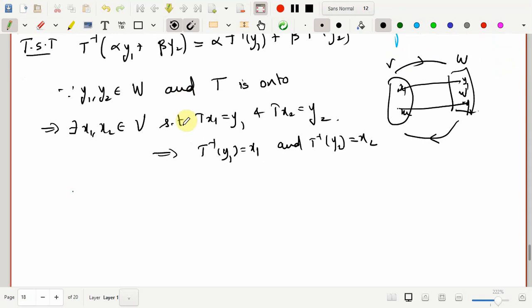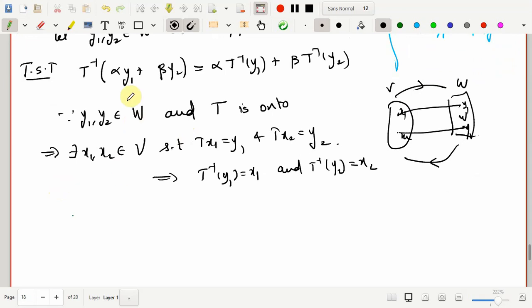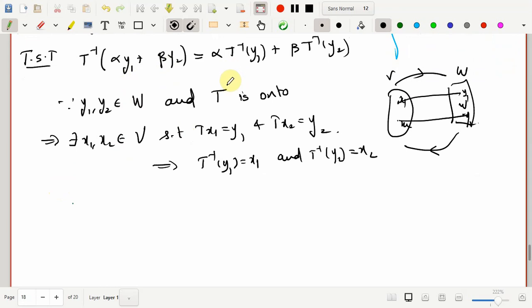So now if I see this T inverse of alpha y1 plus beta y2, or in other words, if I see this alpha T inverse of y1 plus beta T inverse of y2, then that would be same as alpha x1 plus beta x2. So to show that this is true, basically I have to show that T of alpha into T inverse of y1 plus beta into T inverse of y2 is same as alpha y1 plus beta y2.